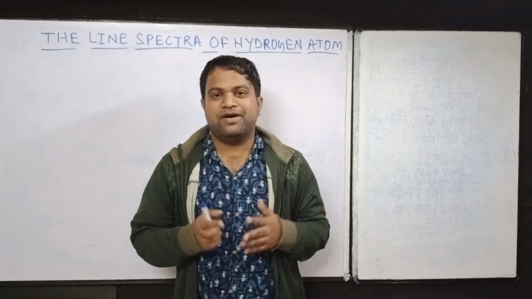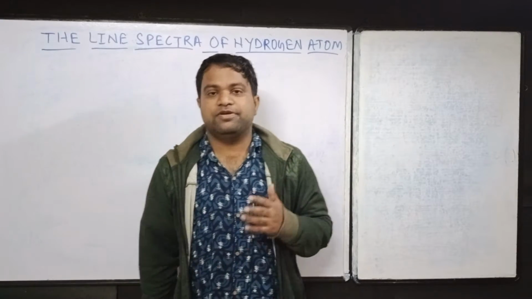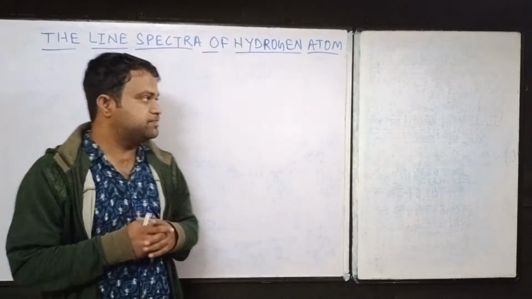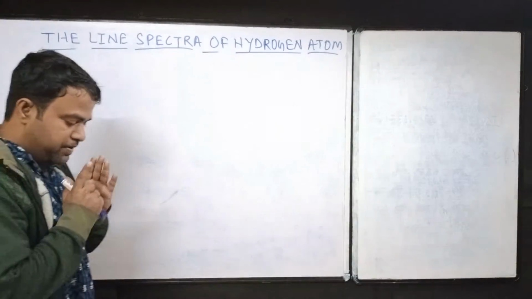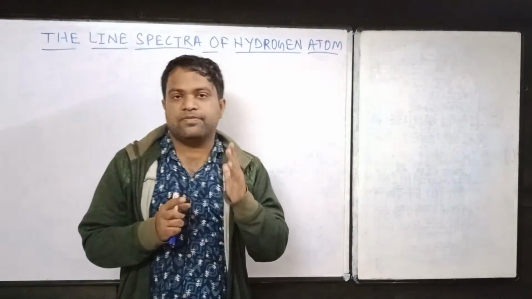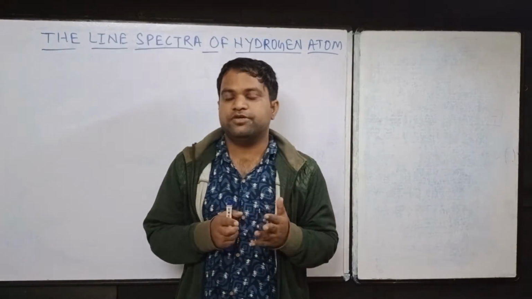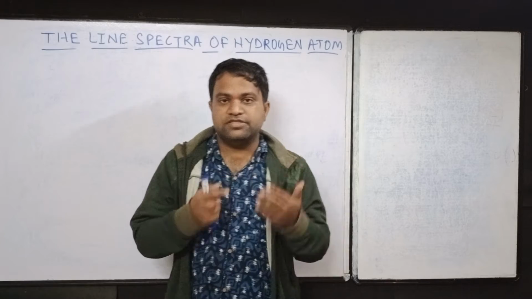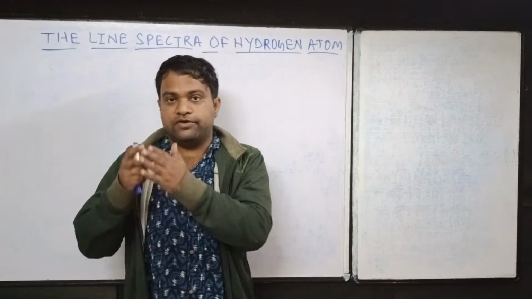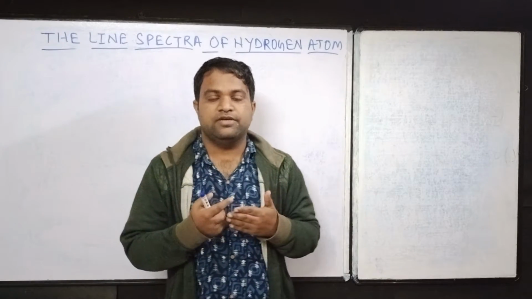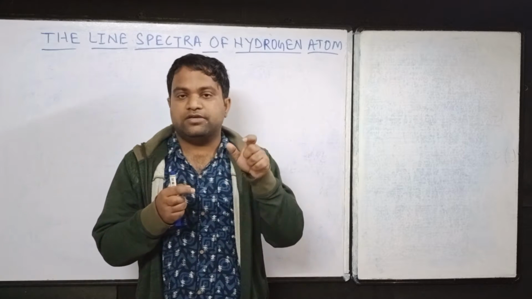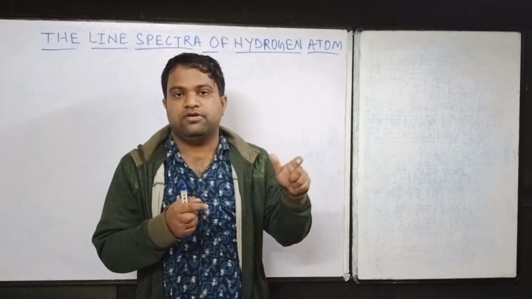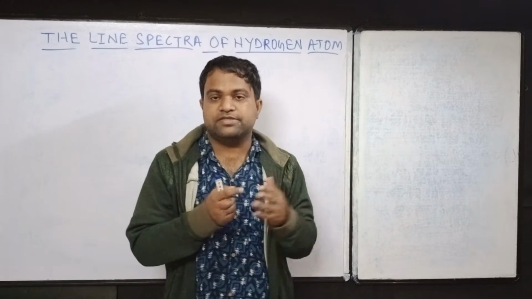Hello everyone, welcome back. So today in this video we'll discuss the line spectra of the hydrogen atom. In the previous video, if you remember, or if you have watched the previous video, we have calculated the energy of the nth orbit. For different orbits we have calculated the energy, and also the radius of different orbits.